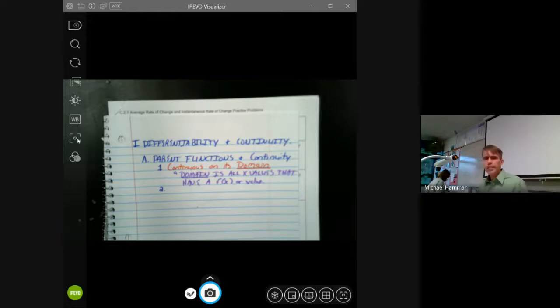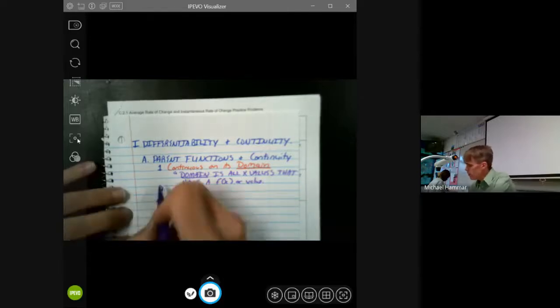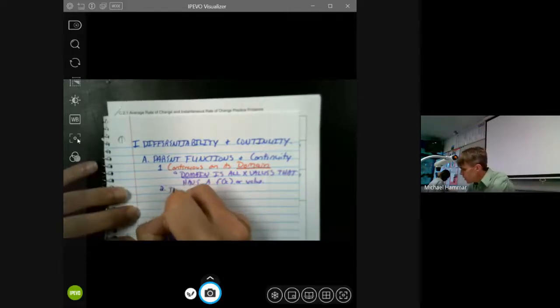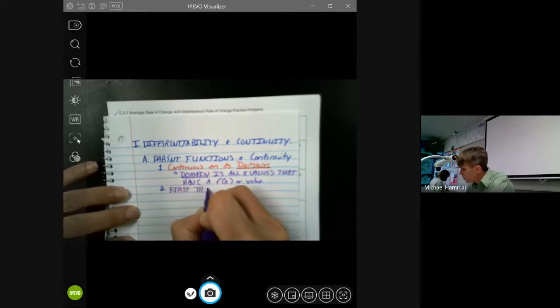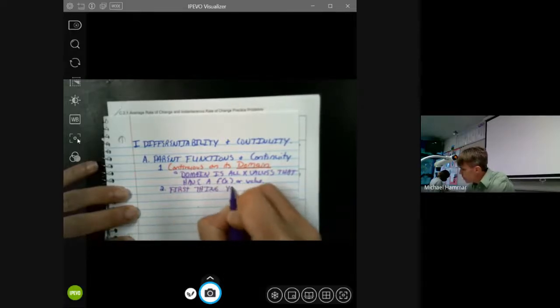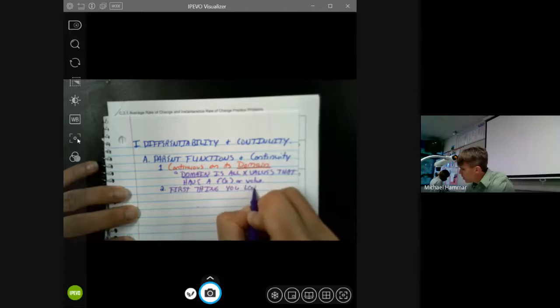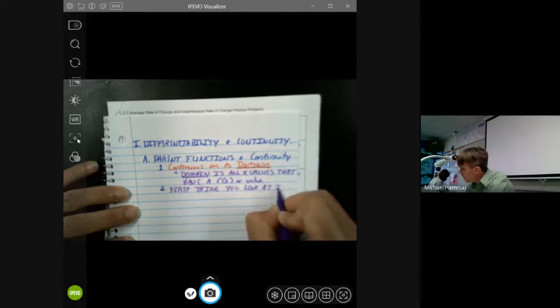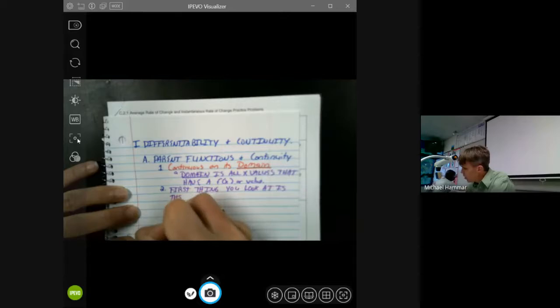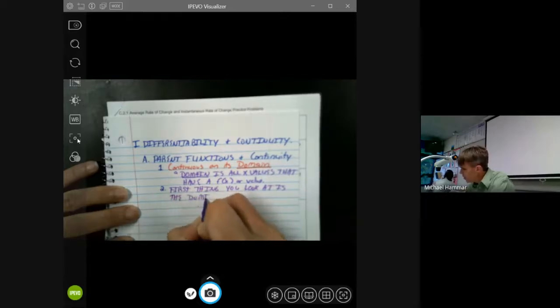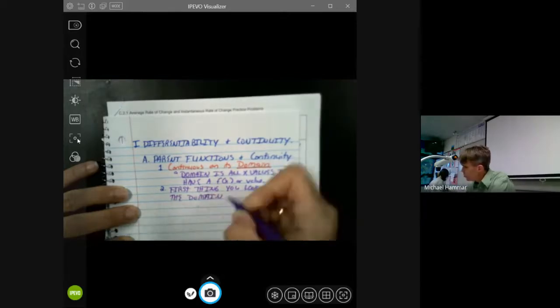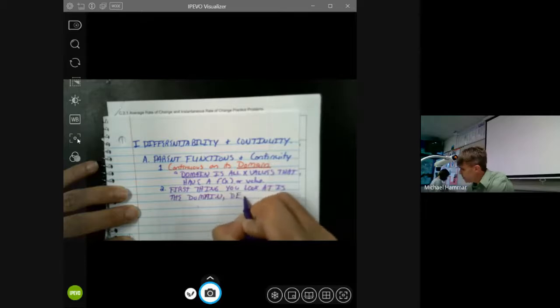So to be continuous on its domain, the first thing you look at for every function is the domain, and you need to define it.